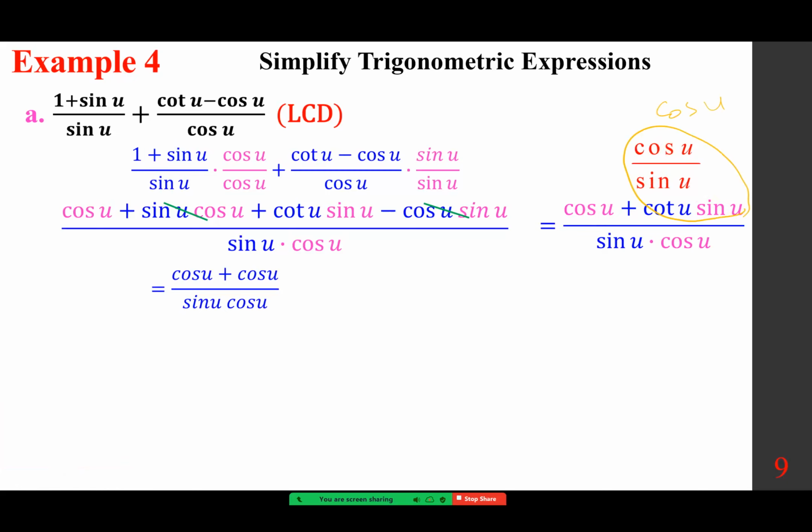Therefore, we have two of them in the numerator. 2 cosine u. We can cross out the cosine u. So we get 2 over sine u. In other words, 2 secant u. So the fundamental identities are used to establish new ones.